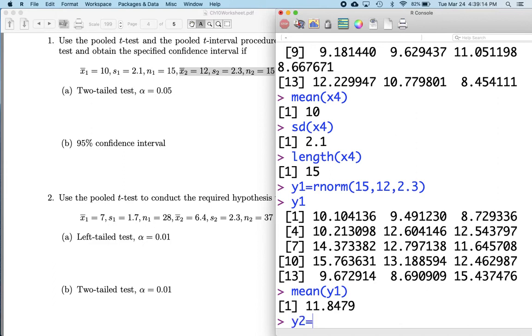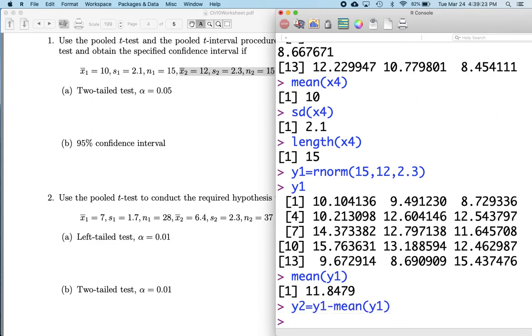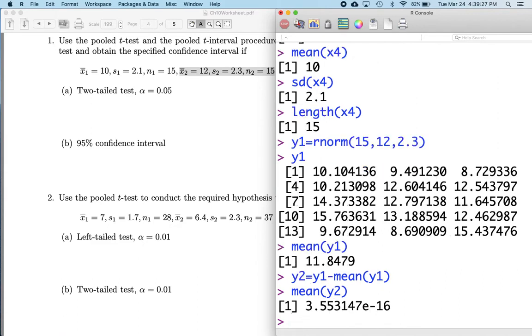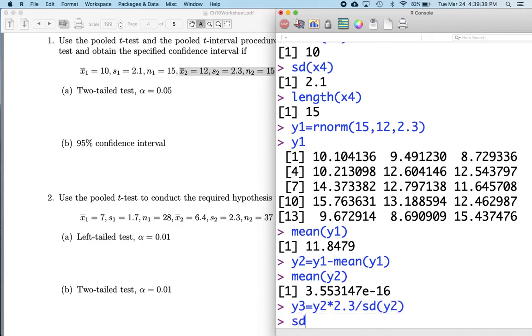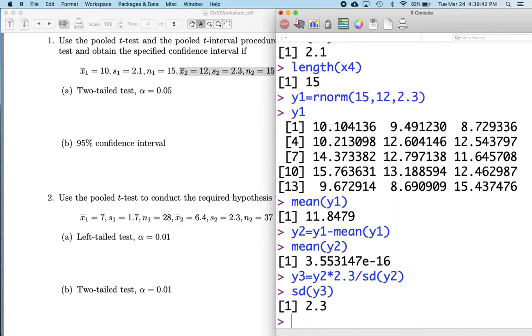For y2, we're going to shift everything so that it has a mean of 0. So we take y1 and subtract the mean of y1 from all those values, so that the mean of y2 is going to be 0 up to however many decimal places. We're going to fix the standard deviation, so I take y2, multiply by 2.3, and divide by the standard deviation of our previous set y2, and now the standard deviation is going to be 2.3.